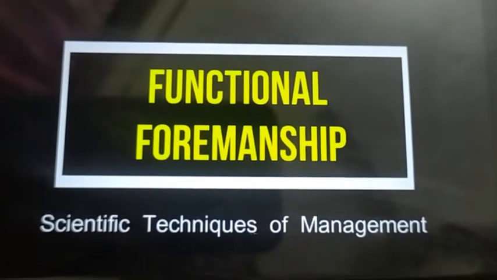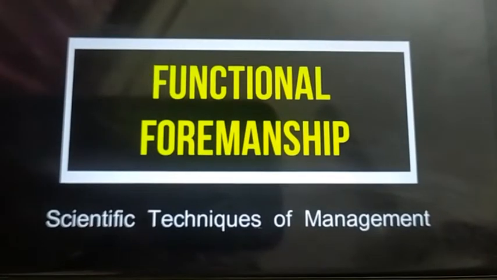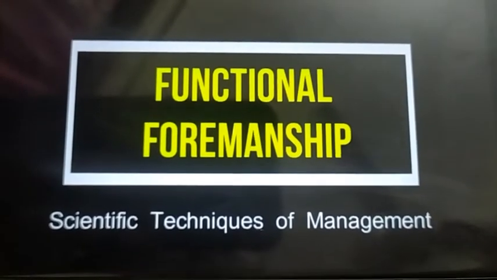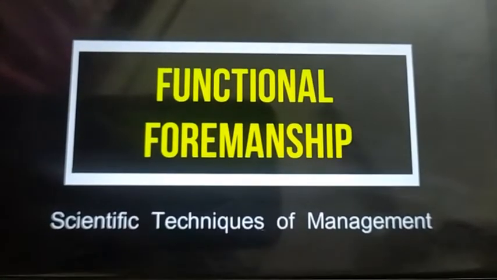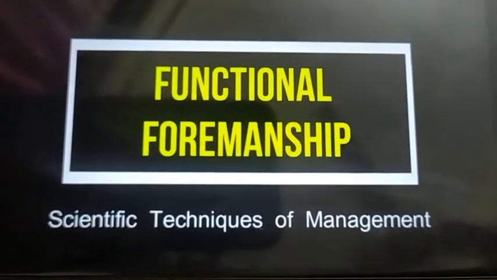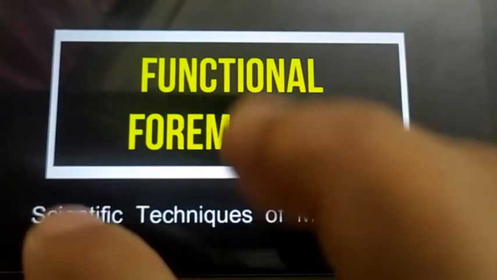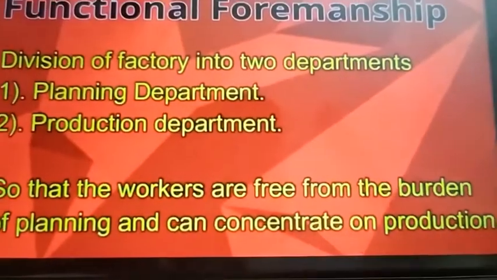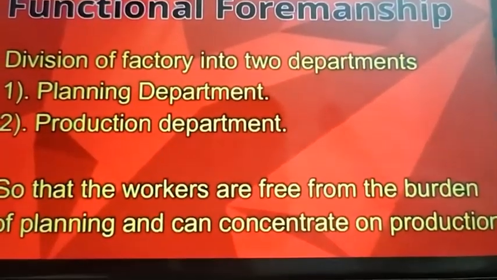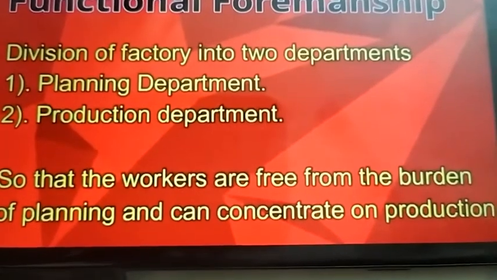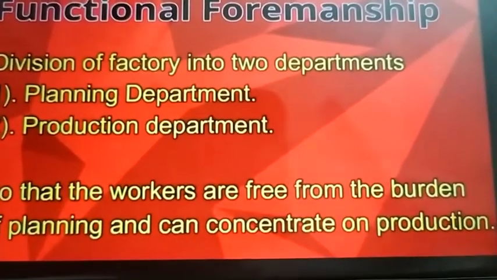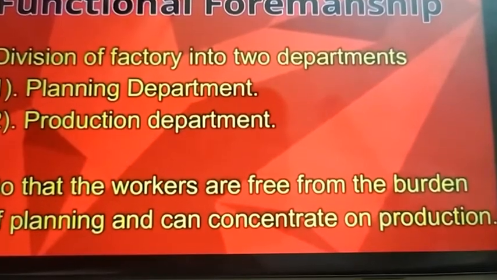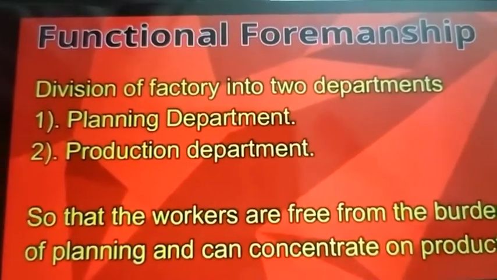The basic aim of functional foremanship is to separate the planning function from the production function. That's why he stressed that the factory work should be divided into 2 departments, namely the planning department and the production department, because he felt that a single department will not be able to handle it.